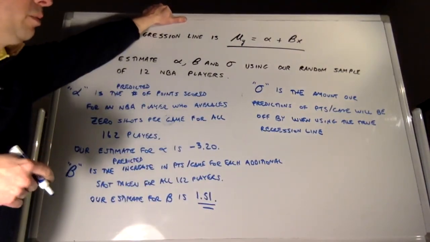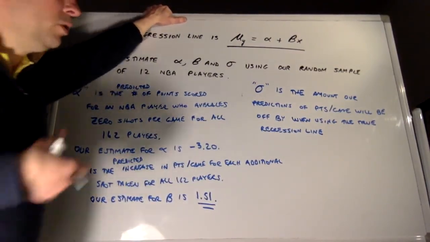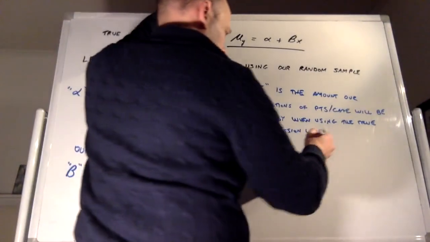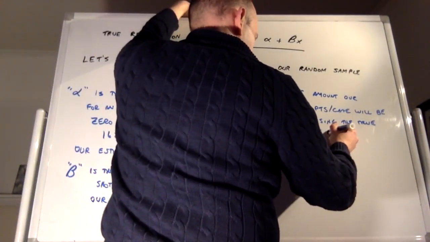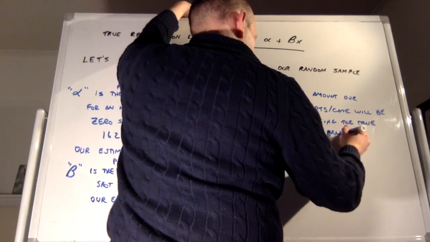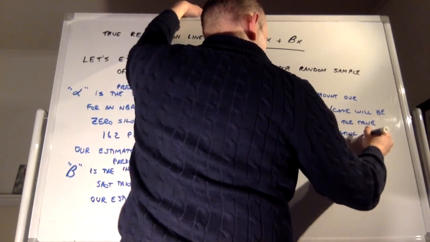Sigma is the amount our predictions of points per game will be off by when using the true regression line relating points per game to shots per game.